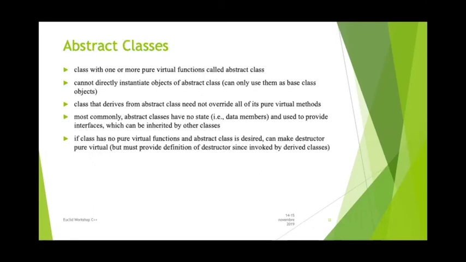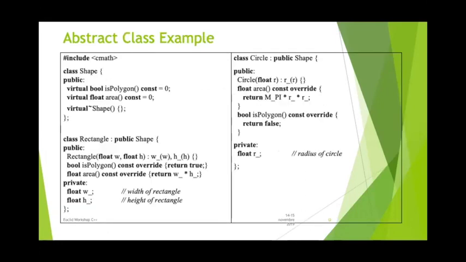I think I can show you an example. You will understand better with that. These abstract classes are normally like an interface, like you have used your rectangle.h kind of thing. It's just an interface for the class.